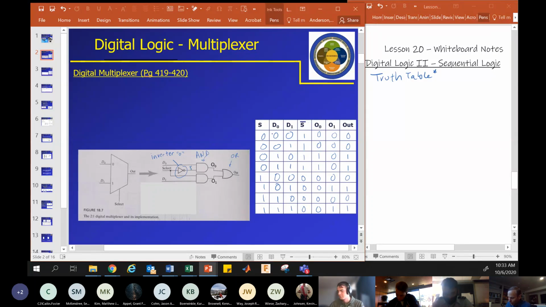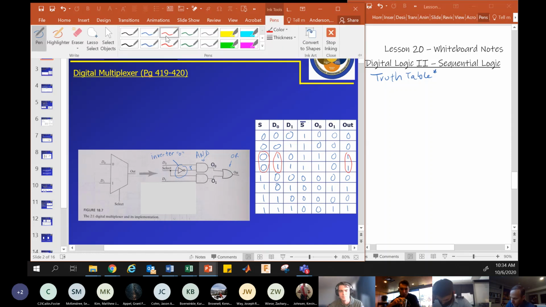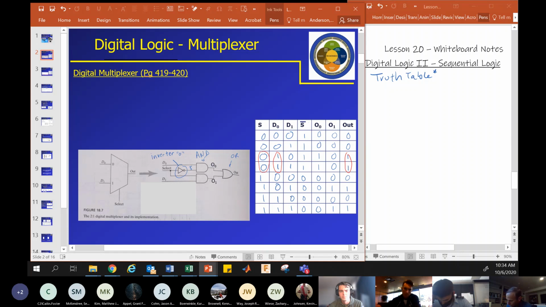we see that when select is set to 0, the output is the same as D0. See that? We get this and this. And that's because the select is set to 0. If the select is set to 1, we get that the output mirrors D1.